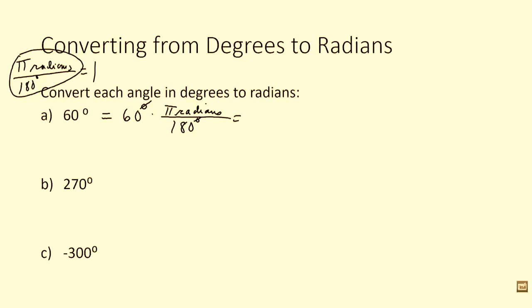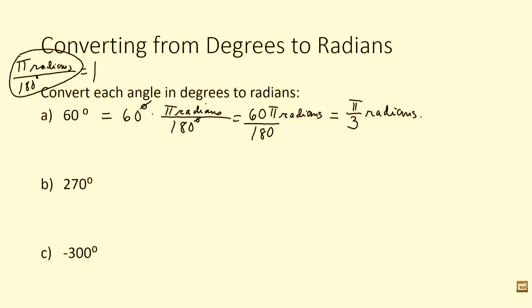What we have is 60 pi radians divided by 180. If we simplify this, 60 into 60, 60 into 180, we get pi over 3 radians. So therefore, 60 degrees is pi over 3 radians.